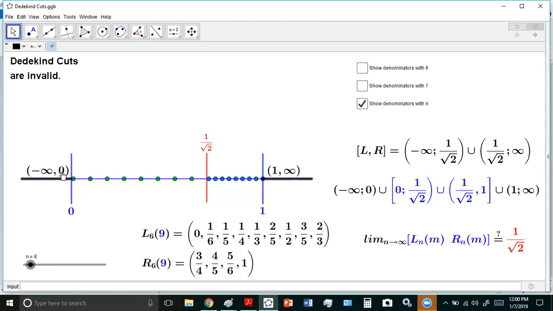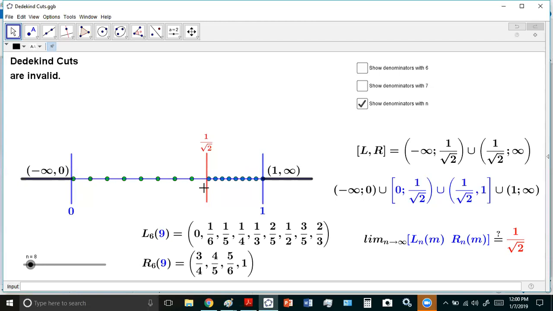As far as this interval is concerned, it doesn't matter, because all that matters is the neighborhood around the point, okay?